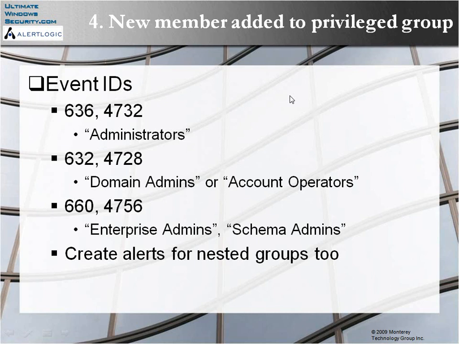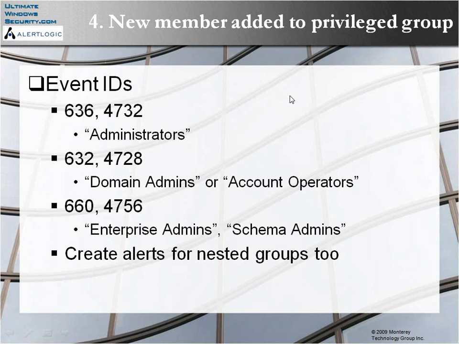Now, why do we have so many different event IDs for new member being added to a group? Well, that's because in Active Directory you have domain local groups, domain global groups, and universal groups. And the difference between them is beyond the scope of this discussion, but what it does mean is that there's different event IDs for each scope of group.